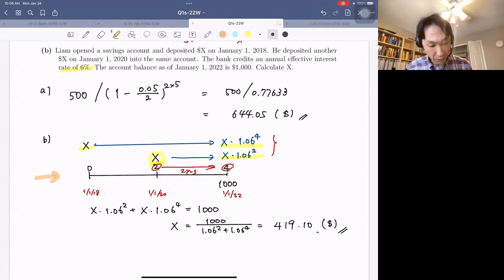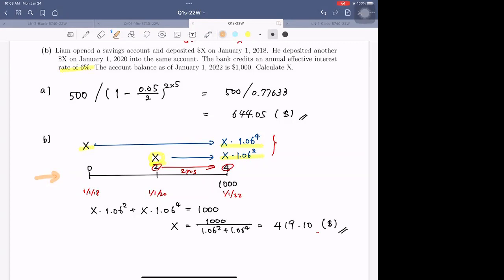And we also discussed how to solve for an unknown interest rate, or how to solve for an unknown time. Suppose all other conditions are given, then we calculate the unknown interest rate, or all other conditions are given, then we calculate the time period, for example, for the money that will be in the account.